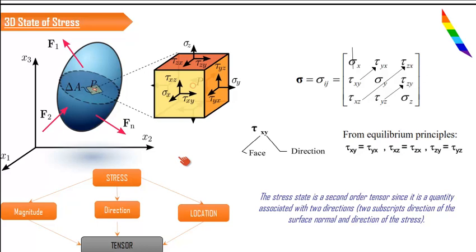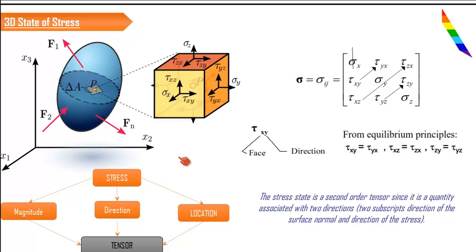But stress is not even a vector, because even if you say a stress in a particular direction, the idea is not conveyed. Why? Because I told you in the first session, stress is an internal phenomenon. It is acting on a plane. That means there are infinite number of planes that can be considered within a material.